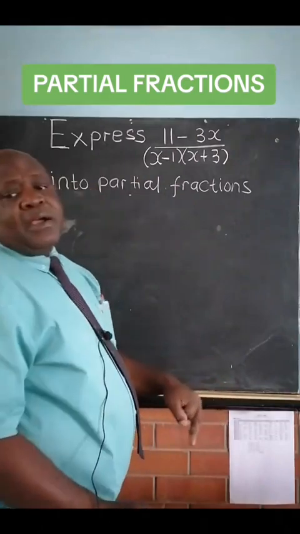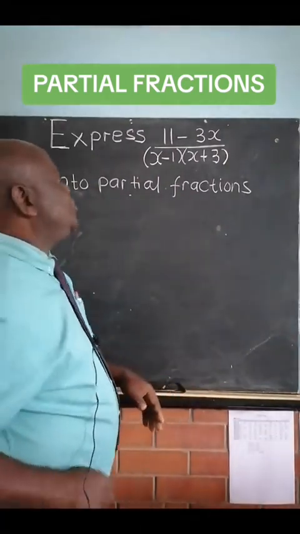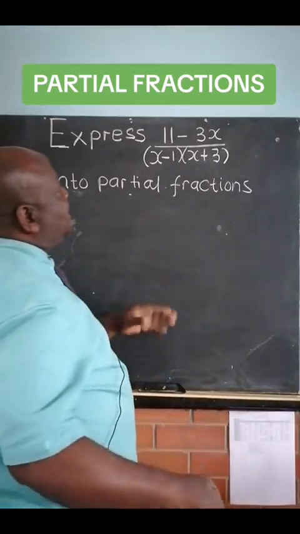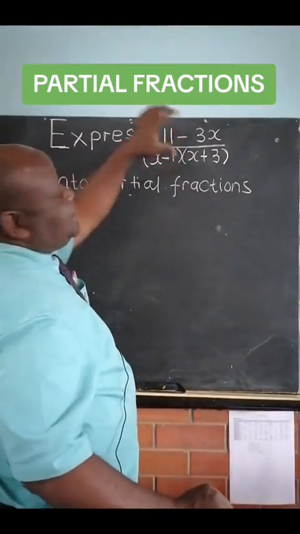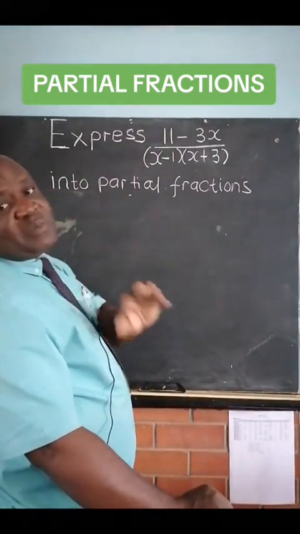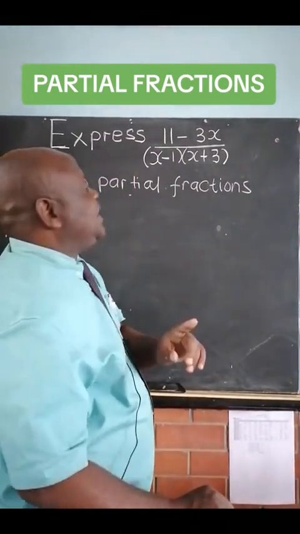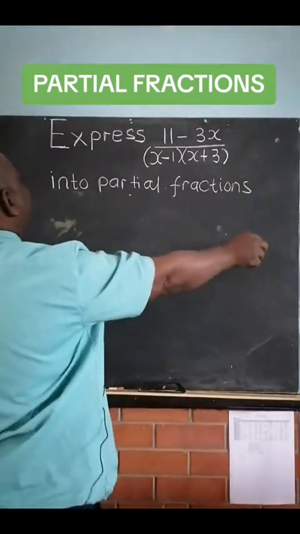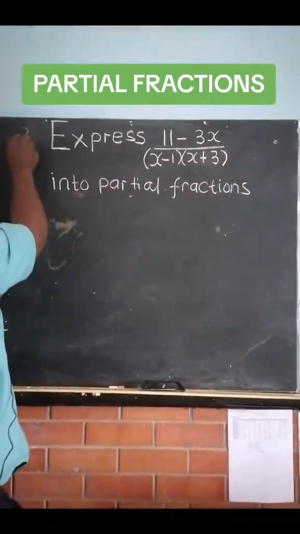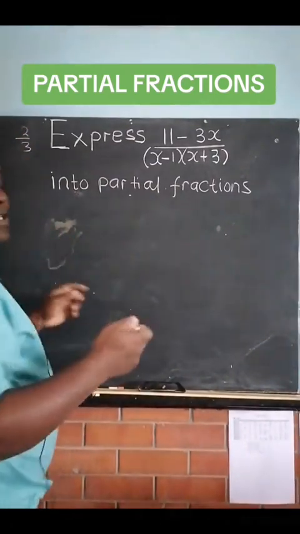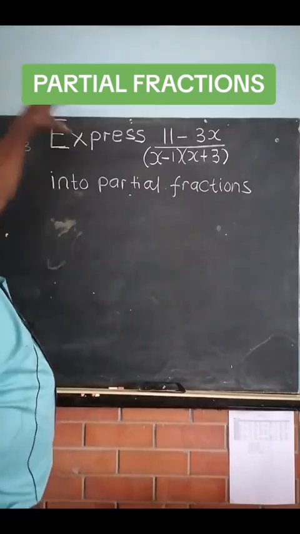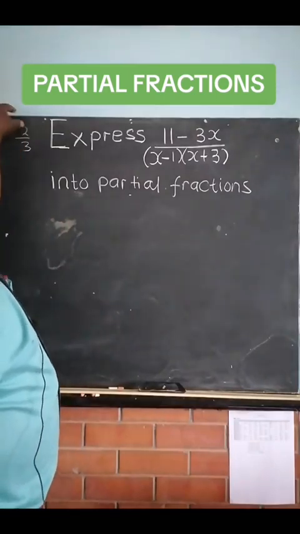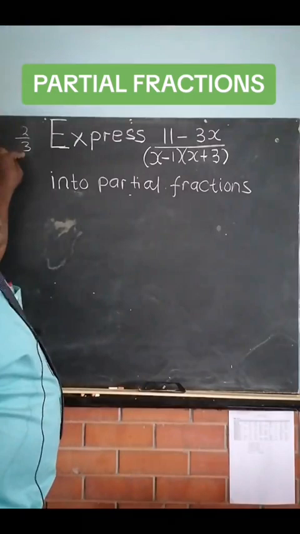The method that I'm going to use assumes that this fraction is a proper fraction, and I'm going to explain what a proper fraction is. In normal arithmetic fractions, if I have a fraction like 2 over 3, this fraction is proper in the sense that 2 is less than 3. The numerator is smaller than the denominator.